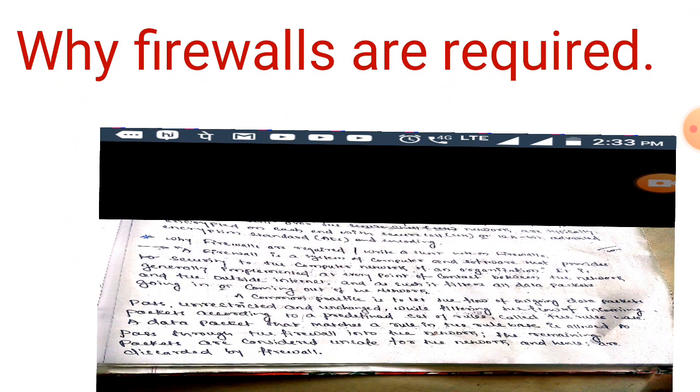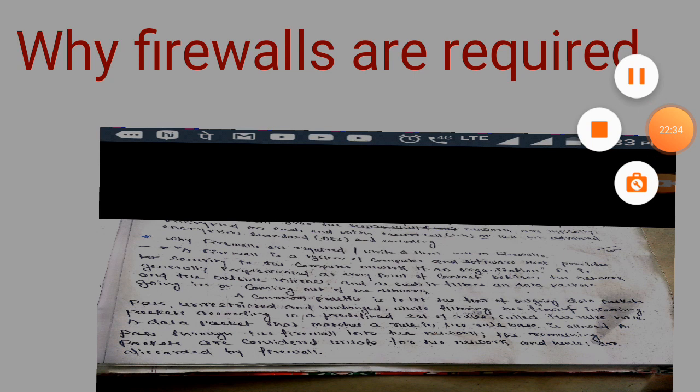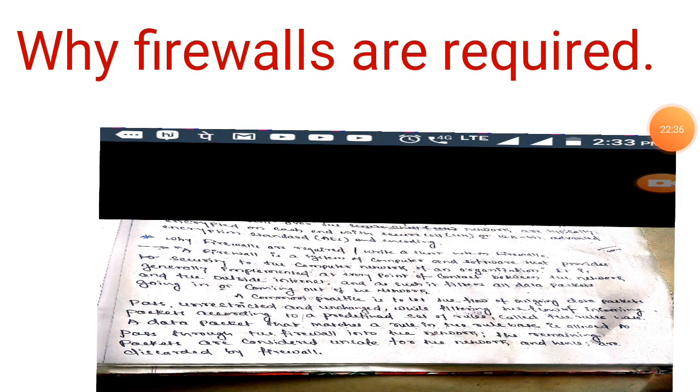Next is why firewalls are required, or write a short note on firewalls. A firewall is a system of computer hardware and software that provides security to the computer network of an organization.